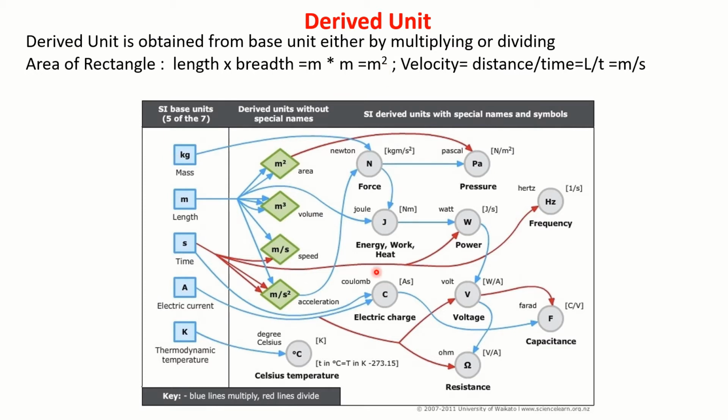If you see this chart, there are 5 SI base units, that is mass, length, time, electric current, thermodynamic temperature. From length, I can get derived unit meter square, derived unit meter cube, which is the unit of volume, derived unit meter per second, which is the unit of speed or velocity, meter per second square, which is the unit of acceleration.